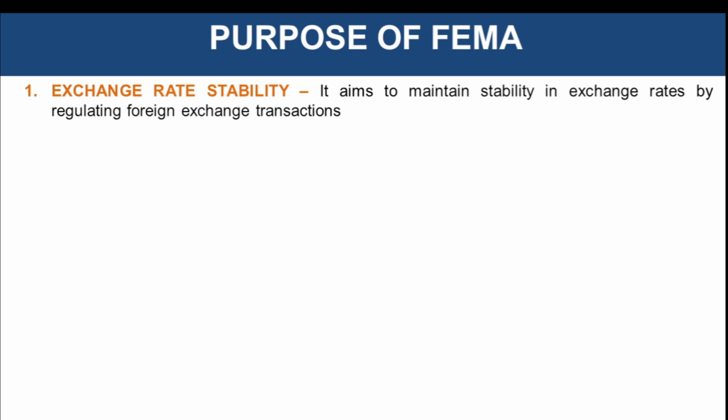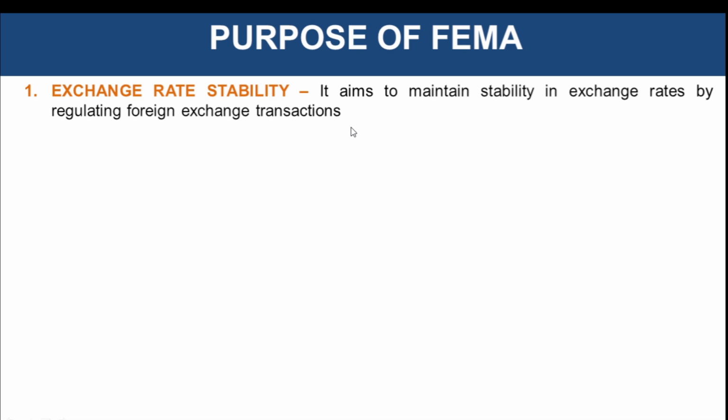Now let's move towards the purpose of FEMA. The first one is exchange rate stability. It aims to maintain stability in exchange rates by regulating foreign exchange transactions. Exchange rate stability signifies that our currency, the Indian rupee, remains relatively stable in the forex market.